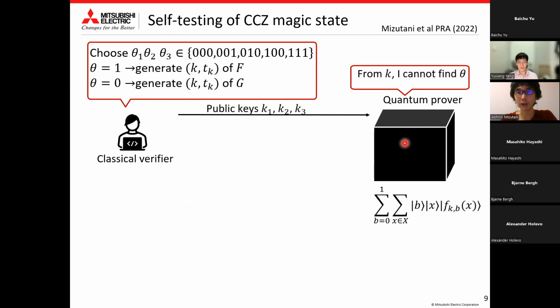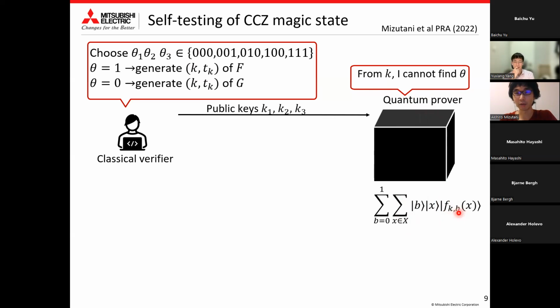Sorry, here I forgot to say one thing. The assumption in this explanation is that I assume an honest quantum prover. The quantum prover executes the protocol in an honest manner, so I do not consider the malicious prover. The honest prover prepares this state.